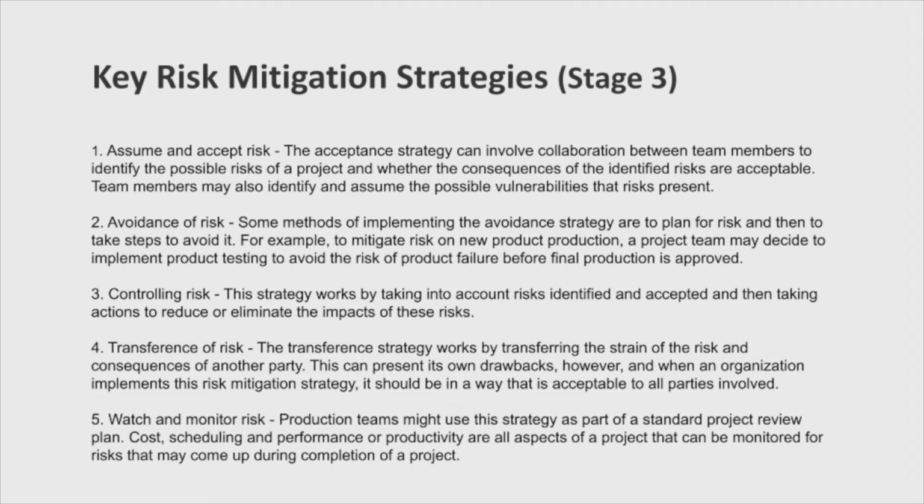Most likely, if we're going to go ahead with a project, we need to control the risk, which is really the third one. And what we mean by controlling is putting strategies in place that take the risk into account, but again, we do everything possible to reduce or eliminate the impacts of these risks. People working at heights, for example, if you've got a very tall building, the consequences of someone falling from a height is dire.